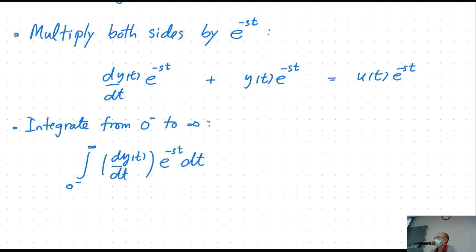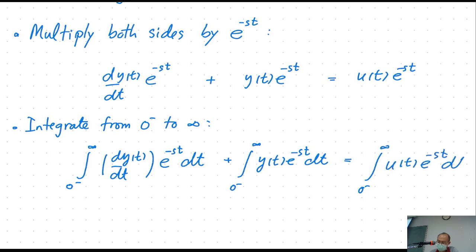That is the first term. The second term would be integrating from 0 negative to infinity y(t) e to the negative st dt. And on the right hand side, we have integrating from 0 negative to infinity u(t) e to the negative st dt.